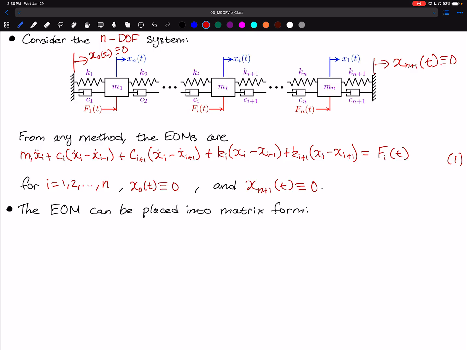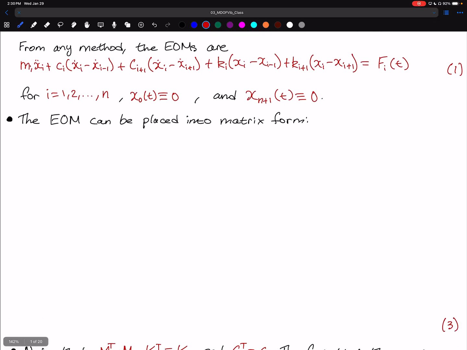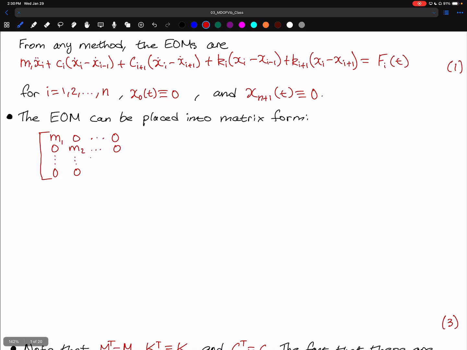All right, so let me scroll down here. We're going to start off with our mass matrix. And as shown here, this is going to be M1, 0, dot, dot, dot, 0, then another 0 in the next row, M2, dot, dot, dot, 0. We'll have going down vertically, dot, dot, dot, 0 for both the first two columns.